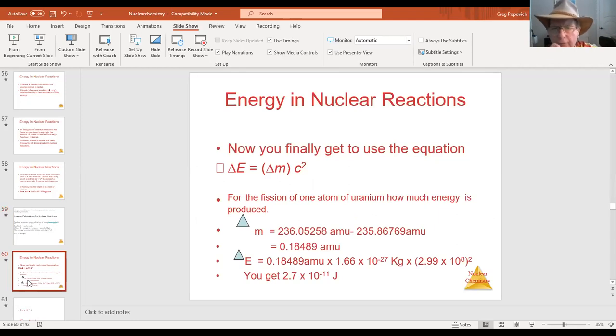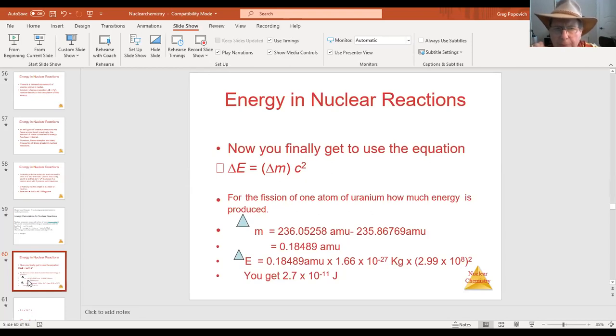In the fission of 1 atom of uranium, 238 to 235, how much energy is produced? I simply subtract the mass of the uranium I end up with from the mass of the uranium I begin with.